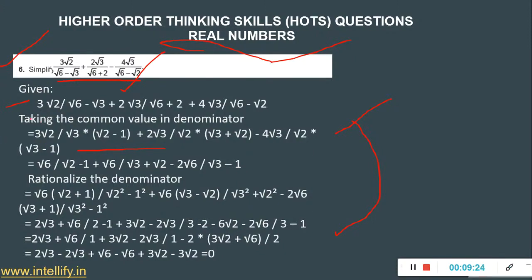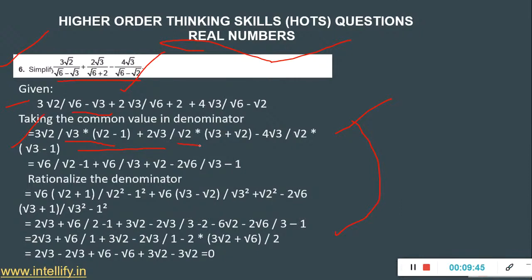So in the next step, the numerator is 3 root 2, and we take root 3 common from the denominator, so it becomes root 3 into, if root 3 comes out of root 6, root 2 is left, root 2 minus 1, plus 2 root 3.